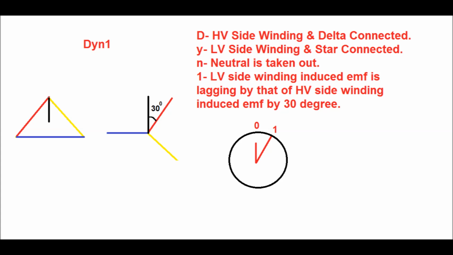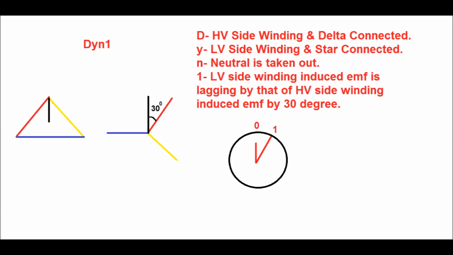That is, the LV side winding induced EMF is lagging behind the HV side winding induced EMF by 30 degrees. In clock position, if the HV side winding induced EMF is represented by the hour needle and the LV side winding induced EMF by the minute needle, then the minute needle is lagging by 30 degrees.